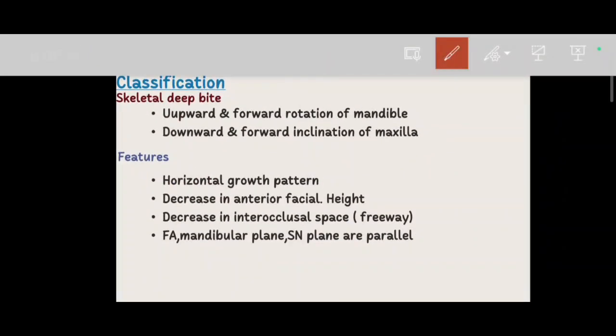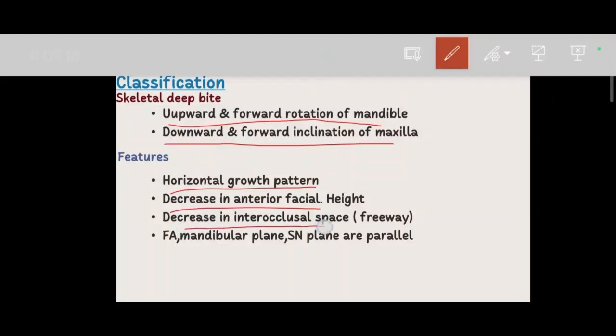Now, another classification of deep bite. First one is skeletal deep bite. The cause here is upward and forward rotation of the mandible, and it can be due to downward and forward inclination of the maxilla. What features do you see in skeletal deep bite? The first one is horizontal growth pattern, meaning the face appears shorter vertically. Second is decrease in anterior facial height, so the lower face height becomes reduced.